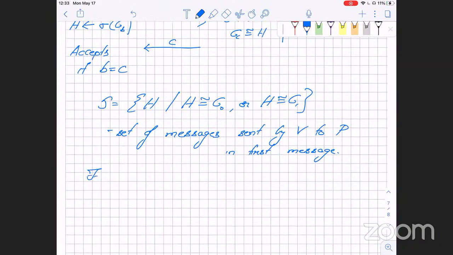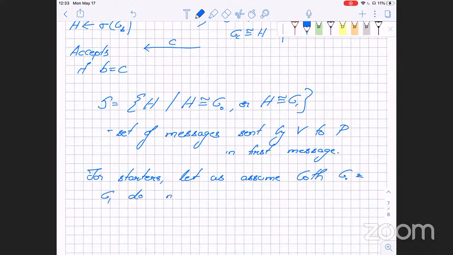For starters, I'm going to make an assumption. It won't be clear what this assumption is, but let us assume that both G0 and G1 do not have any automorphisms. What do I mean by that? By the way, G0 and G1 are labeled graphs, labeled 1 to n.